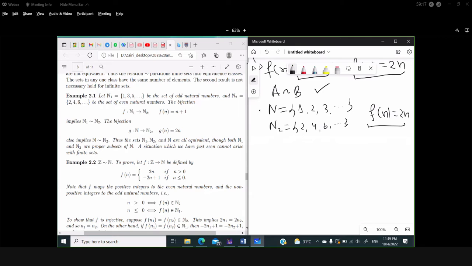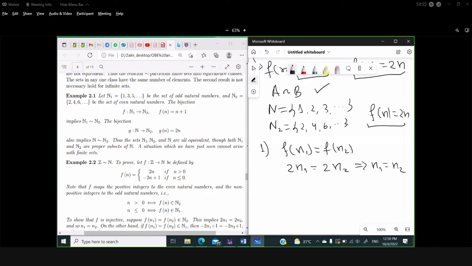To be bijective, it must be one-to-one and onto. Look how I can check the bijectivity. First, f(n1) = f(n2), which is 2n1 = 2n2, implies n1 = n2. So this is injectivity.